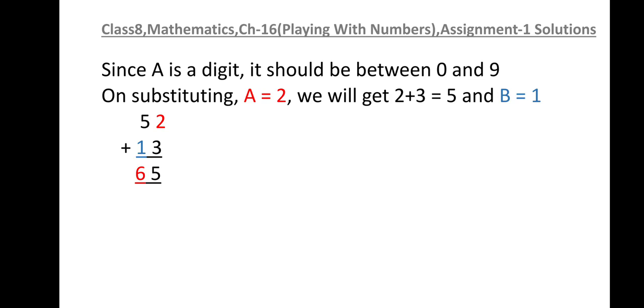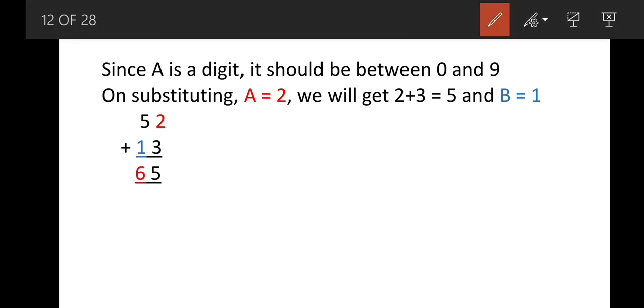So b here is 1. What I have done is just put the value of a. Putting a is equal to 2, I am able to get the value of b, because to get the answer as 6, b should be 1. So a is equal to 2 and b is equal to 1.